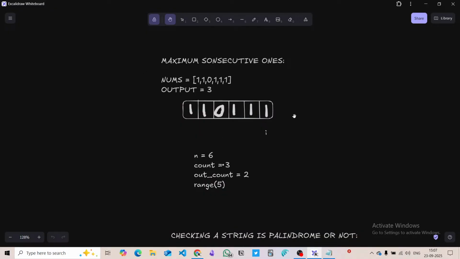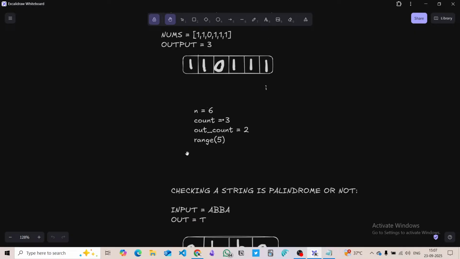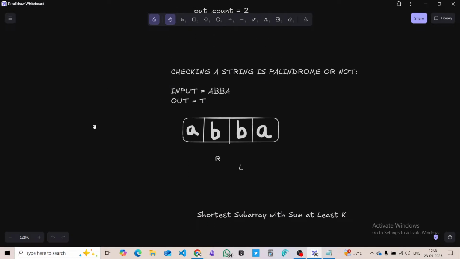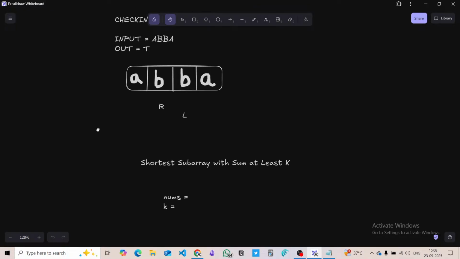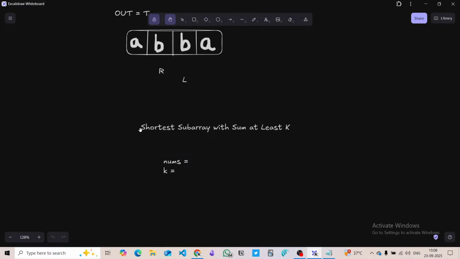So then we need to check the one which occurs the maximum times consecutively. So here the problem is solved yesterday. Then by checking a string, we need to see whether it's a palindrome or not. So that too we solved, and then we stopped with this problem.